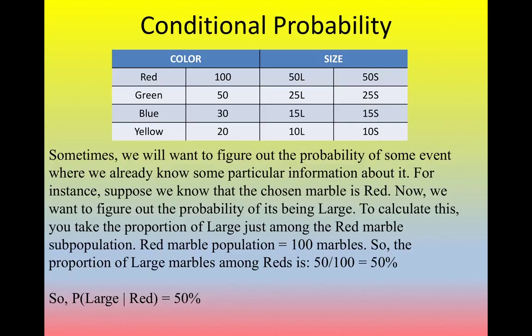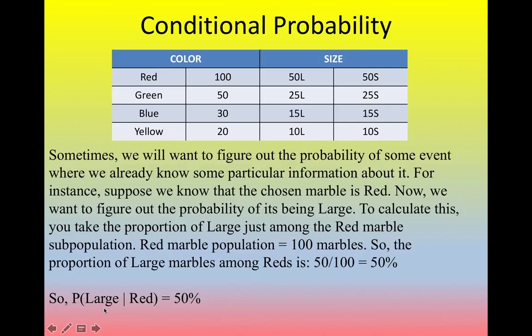Okay, so in the case of marbles, if we want to know the probability of having pulled a large marble given that it is a red marble, this is written with this line here between large and red. The probability of large given that it's red. That's how you say this.